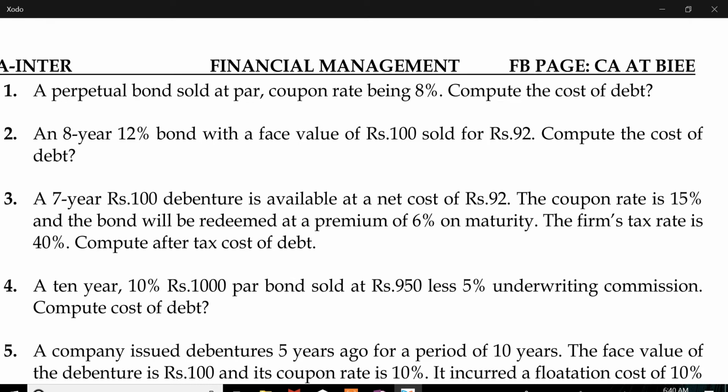Next point, cost of redeemable debt equals interest after tax plus average other costs divided by average funds employed.